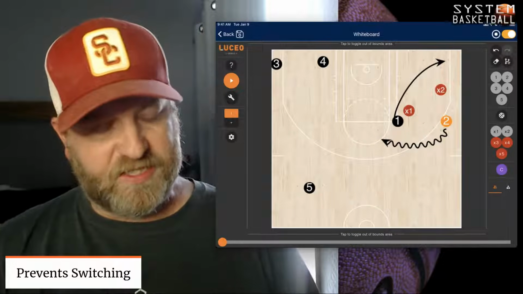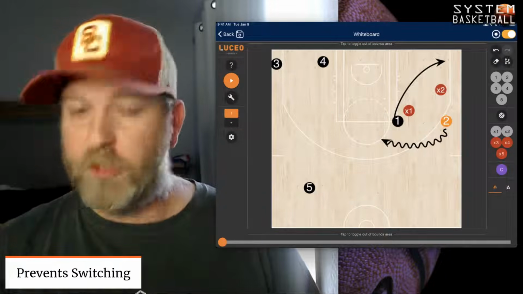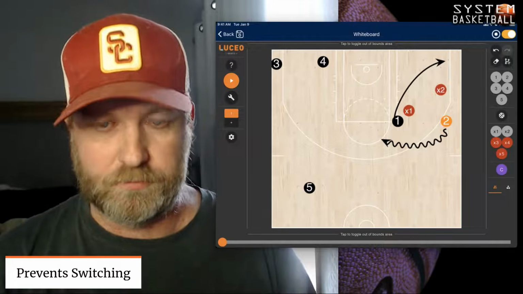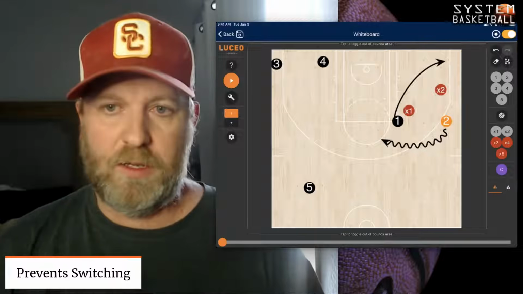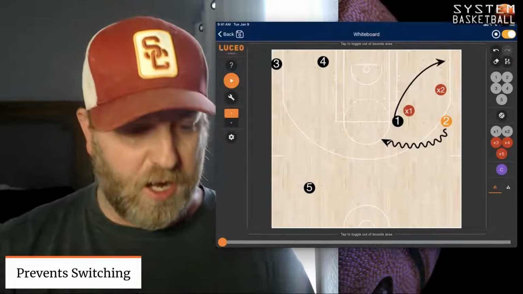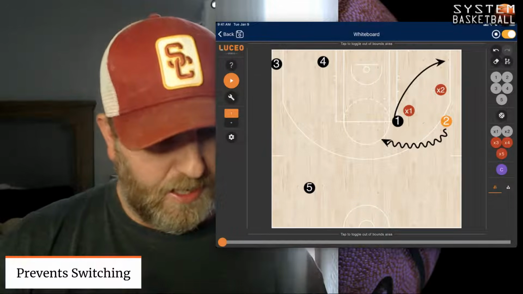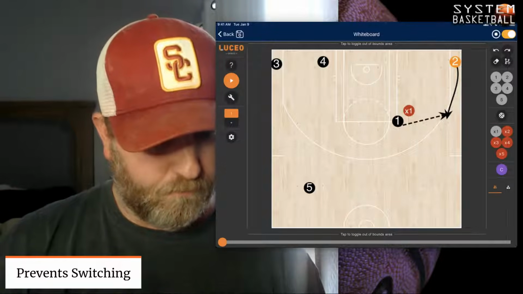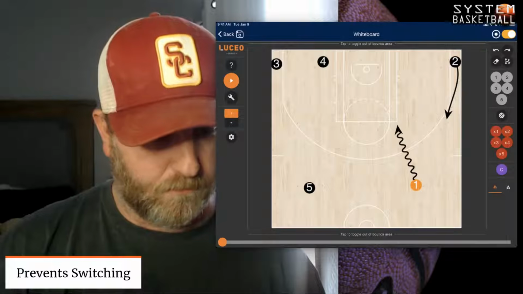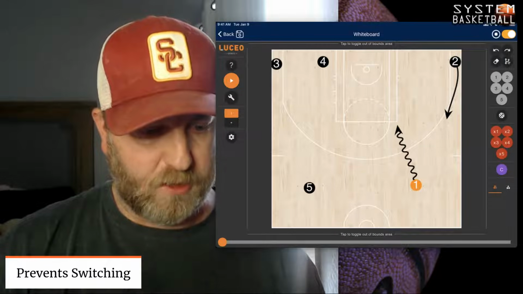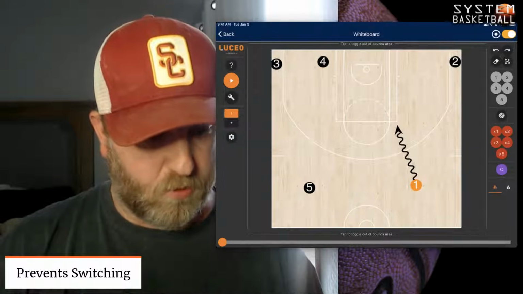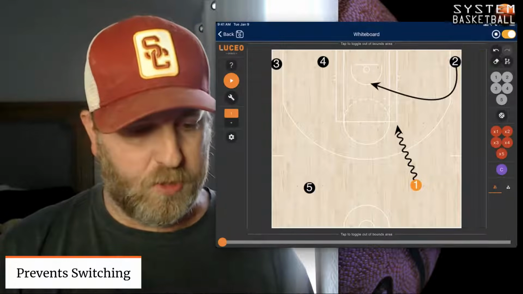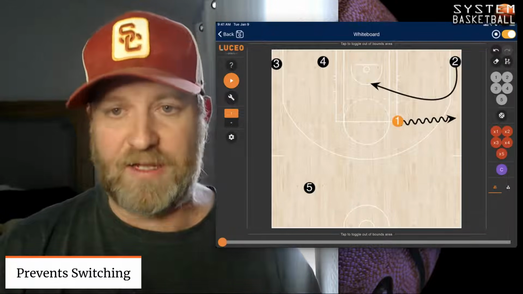Besides preventing switching, which I didn't put on here, and this is probably a number one for me, it prevents turnovers. How many times have you been running this offense and your player picks up the basketball and makes their movements out of the corner and then they cut back door and the ball goes past?